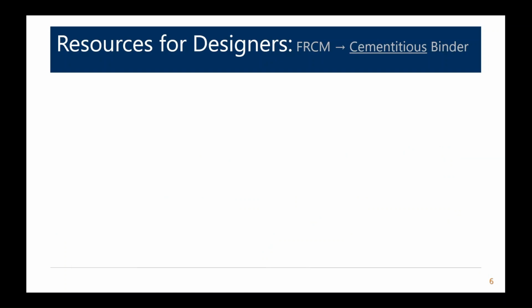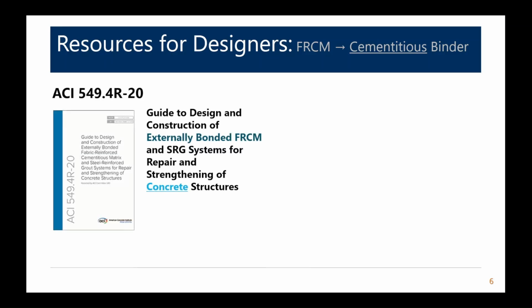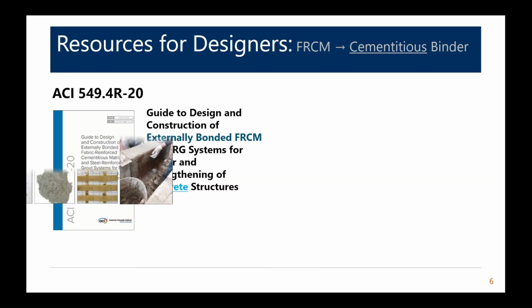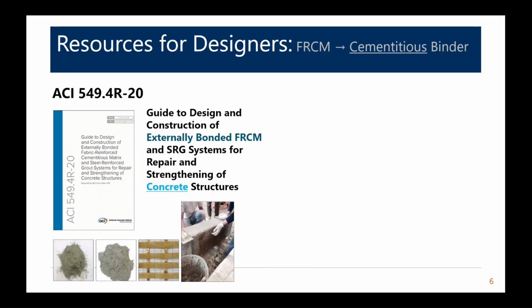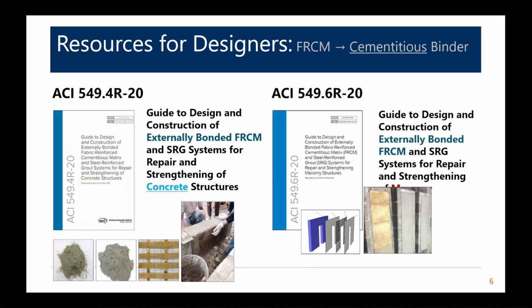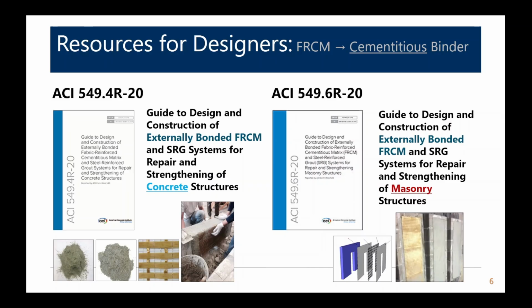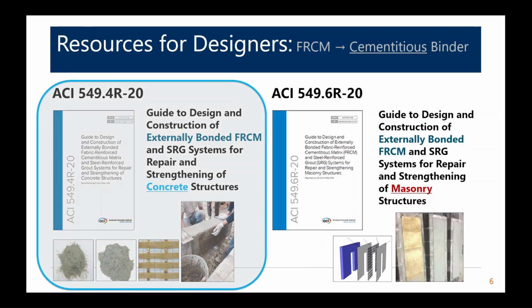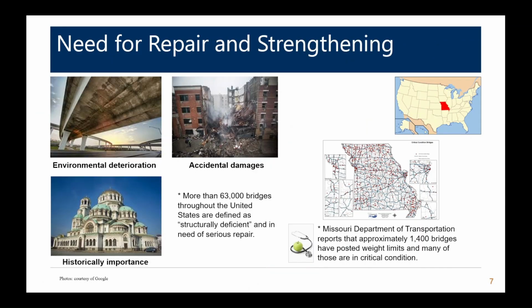When we switch over to cementitious type binder systems, as Christian said, we've got the 549 committee, and this is the document that's used for externally bonded FRCM systems. And then there's also one for masonry systems. What I'm talking about this morning focuses on the 549.4R document.